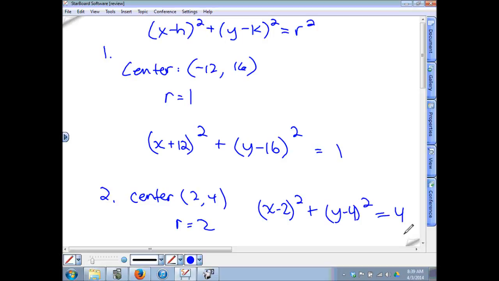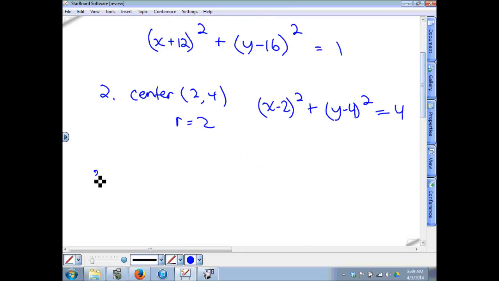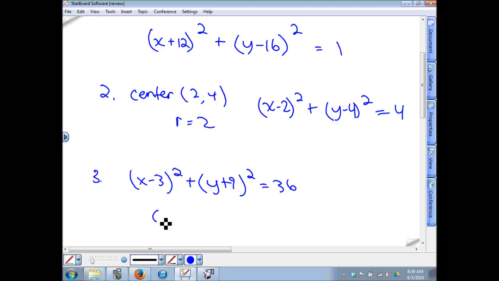Question 3, you have to identify. Now we're going the other way. I give you the equation, x minus 3 squared, y plus 9 squared equals 36.